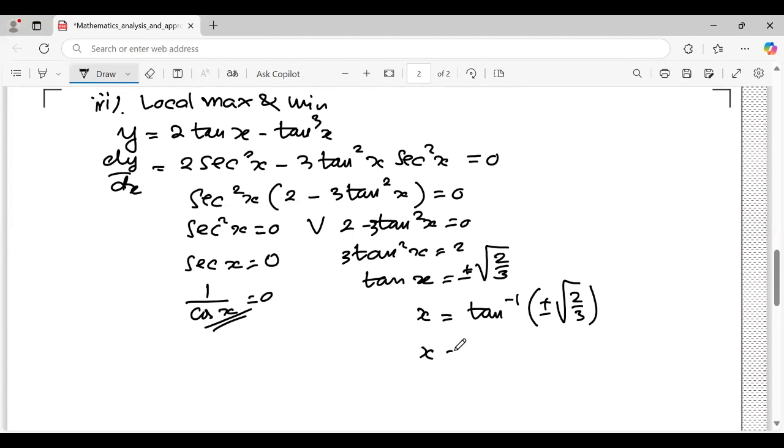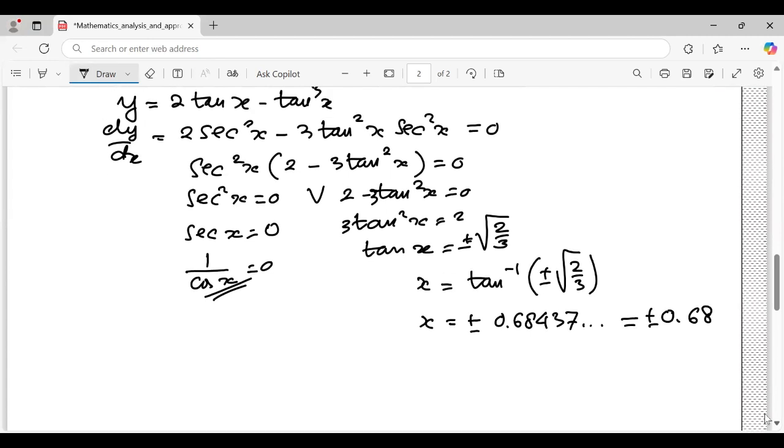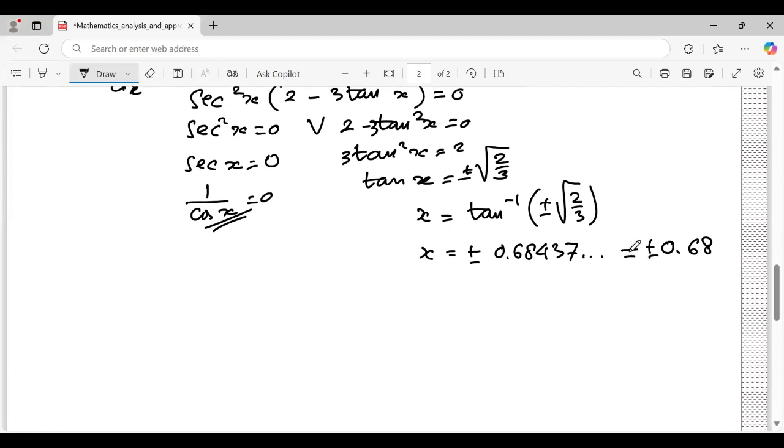So x equals positive and negative 0.68. So there are two coordinate points. I have to find y first. So there are two x values, positive and negative 0.68.